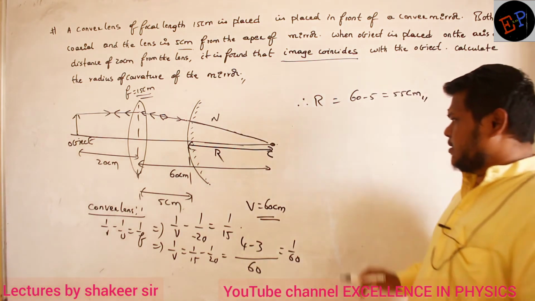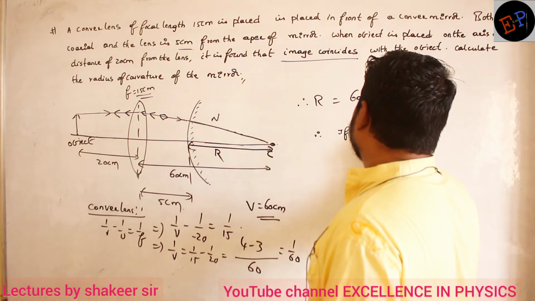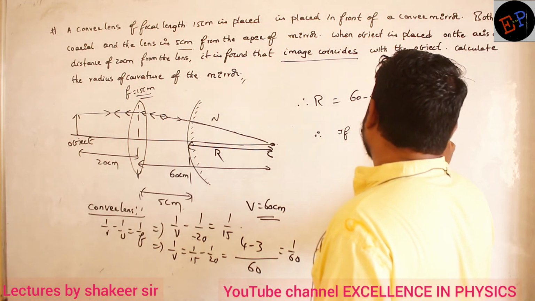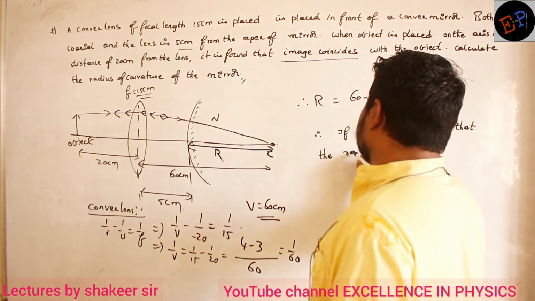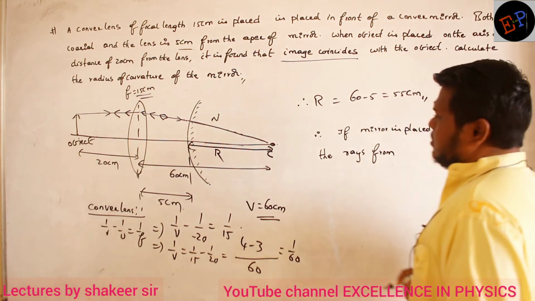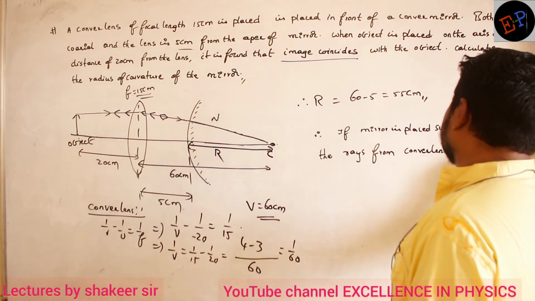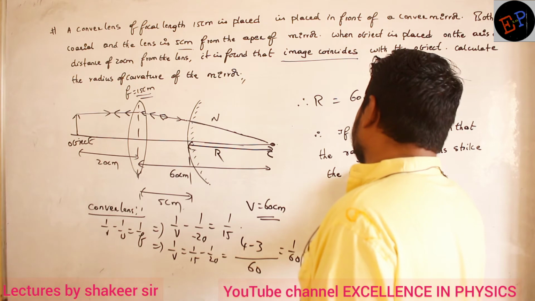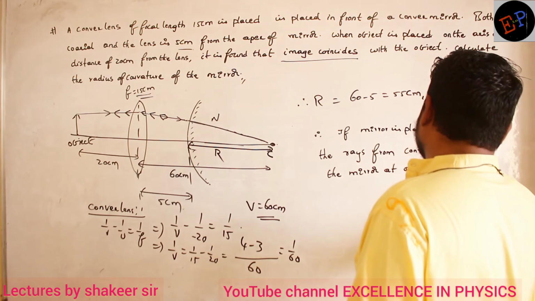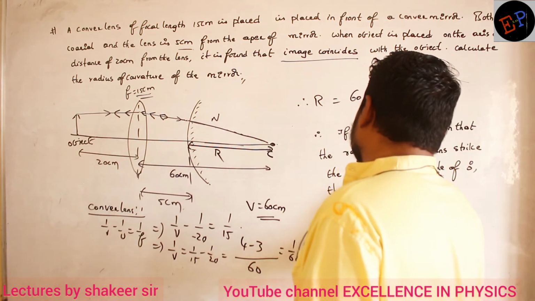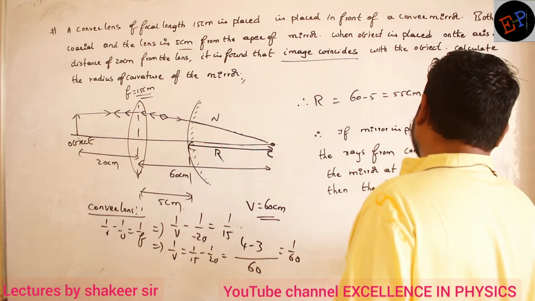So if the mirror is placed such that the rays from the convex lens strike the mirror at an angle of 0 degrees, then the light rays retrace their path.